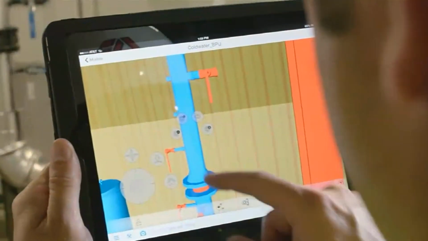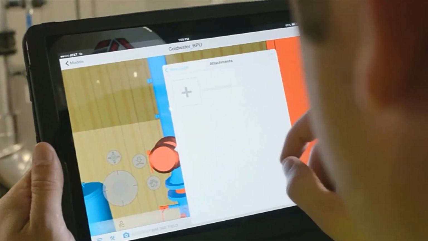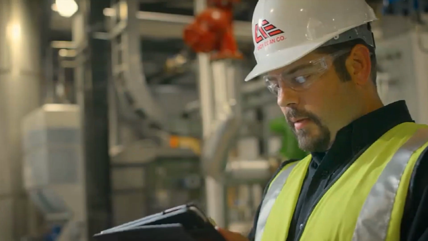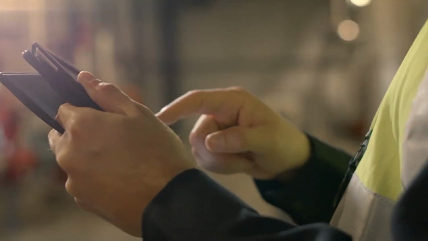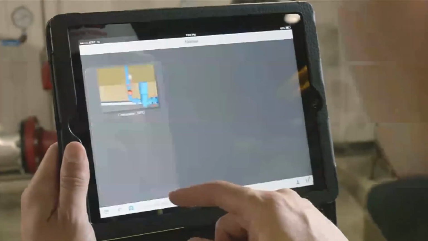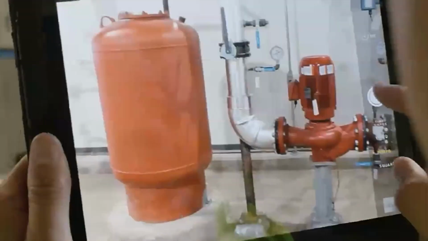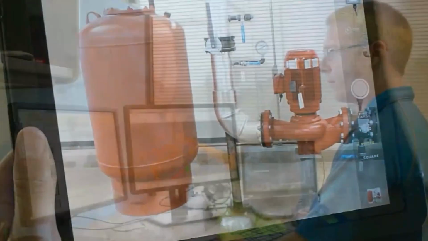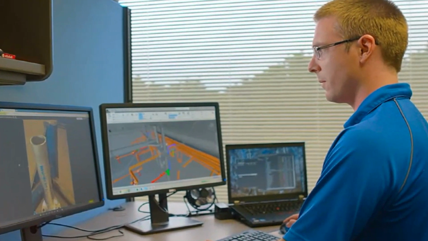So they use the technology to get access to it. They also use it to communicate back with the office if there's a problem. They can also use this technology to support the commissioning stages, so QA/QC in the field once things have been installed. So it's becoming increasingly more connected, increasingly more sophisticated, and increasingly bringing more and more stakeholders into the process.